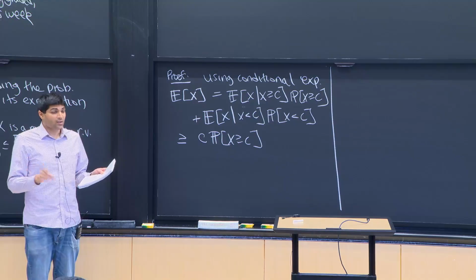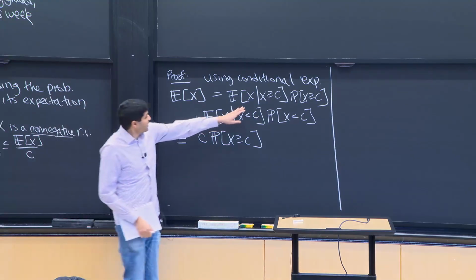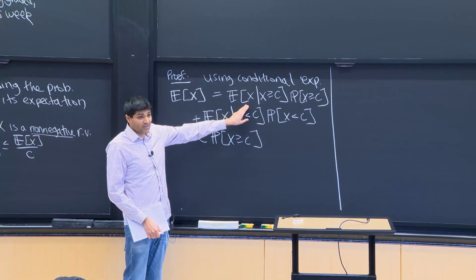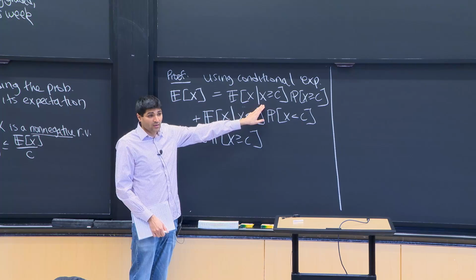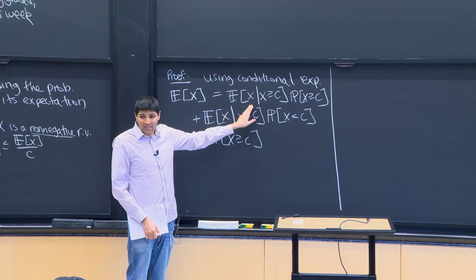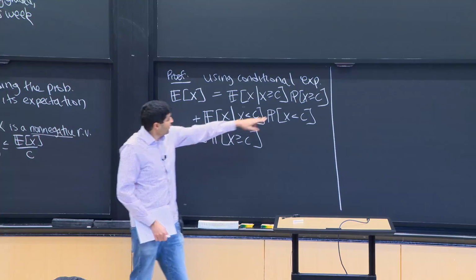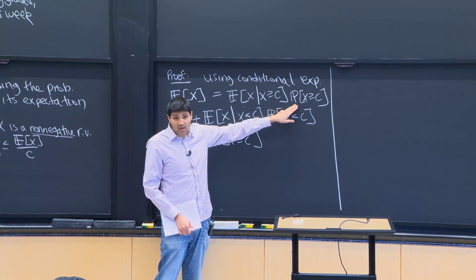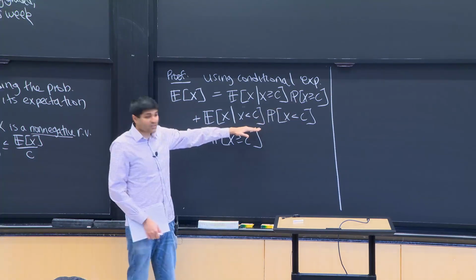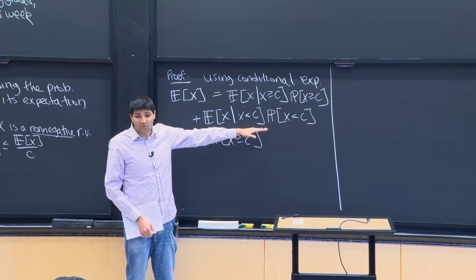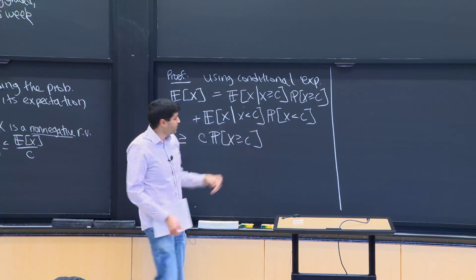So I've really just used the fact that the expectation of x, given that x is at least c, had better be a value at least c, because x always takes on a value that's at least c. And then I'm still going to pick up the probability that that event happens. And for this term, I'm just going to drop it, because this term is non-negative, right?